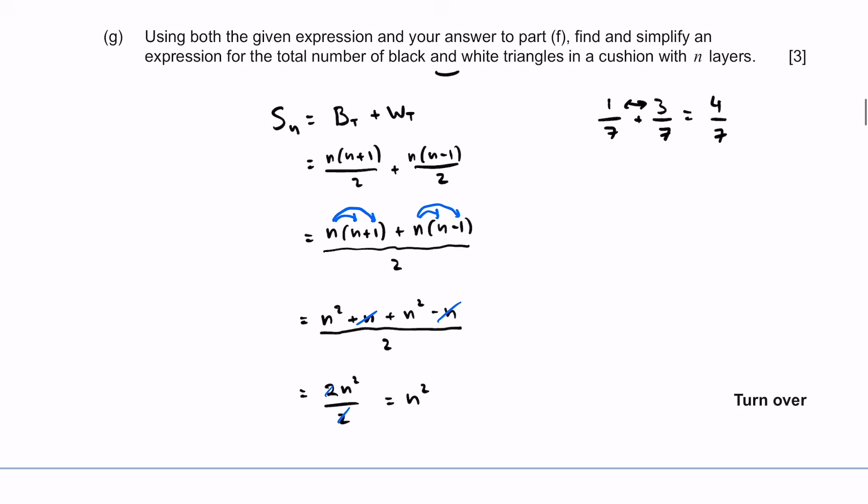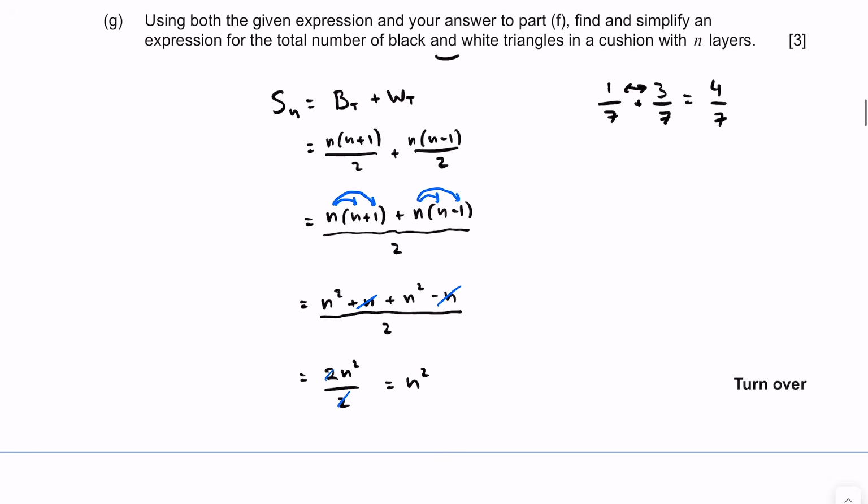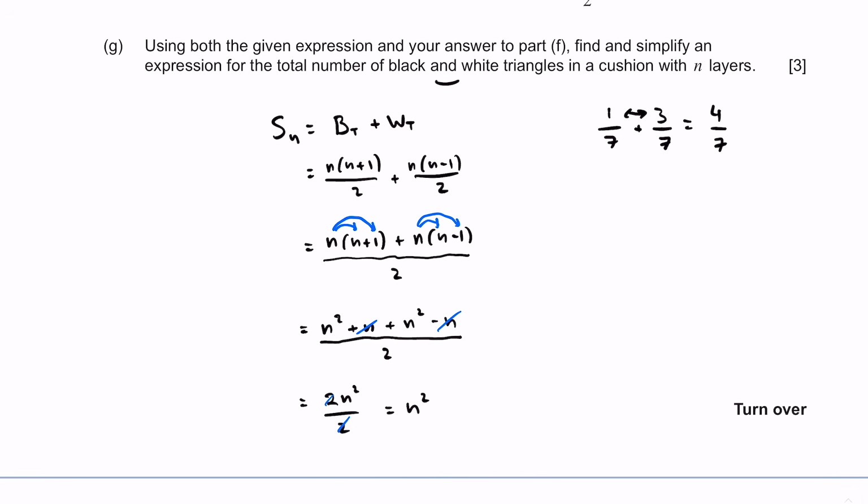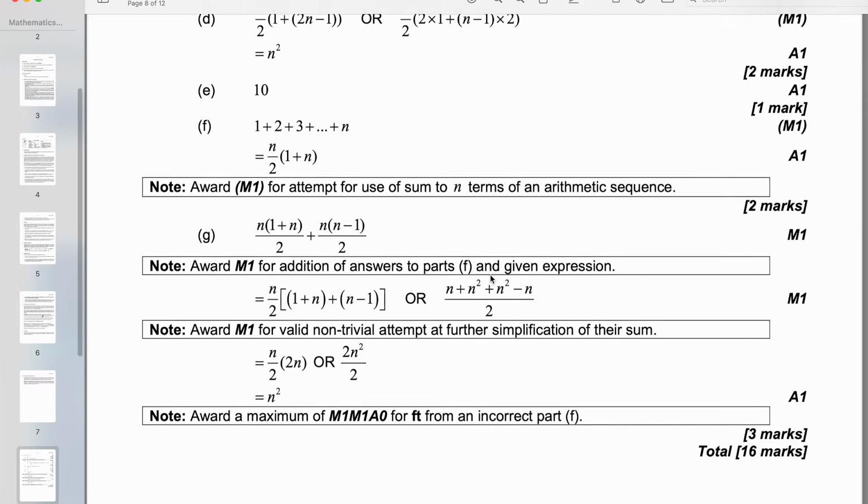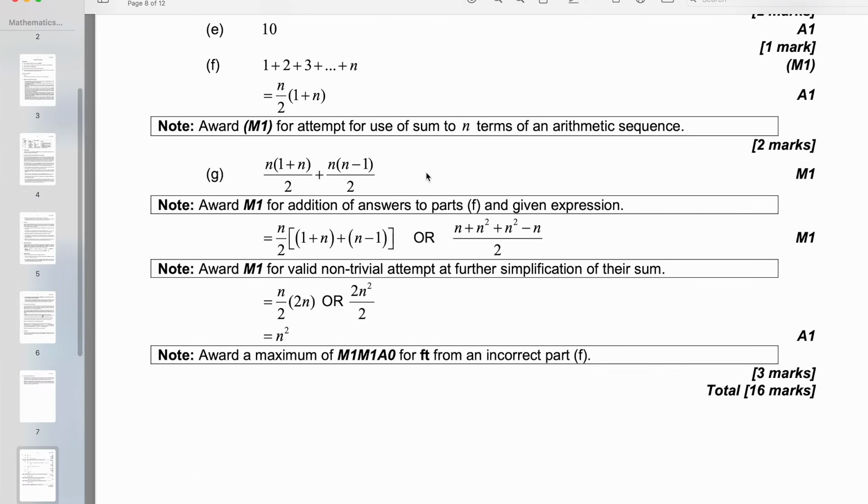Okay, so that ends this question. I want to look at the mark scheme to see what kind of process they're asking for, because it's an interesting question insofar as we know what the answer should be. So here's our mark scheme. Method mark 1 is showing the number of black triangular prisms plus the number of white triangular prisms.